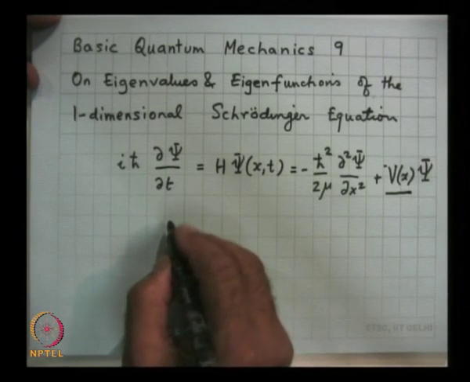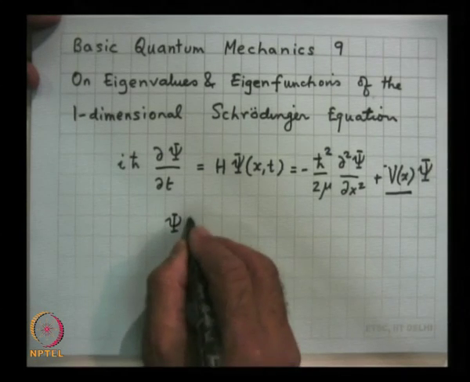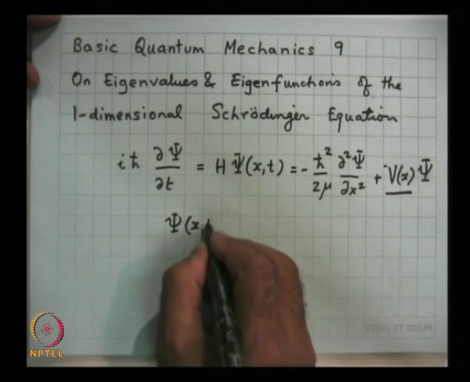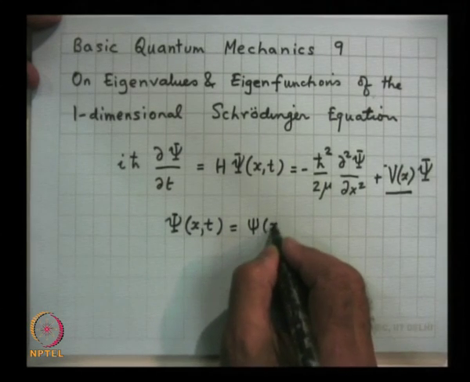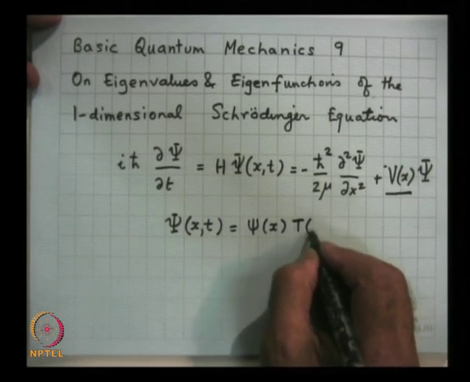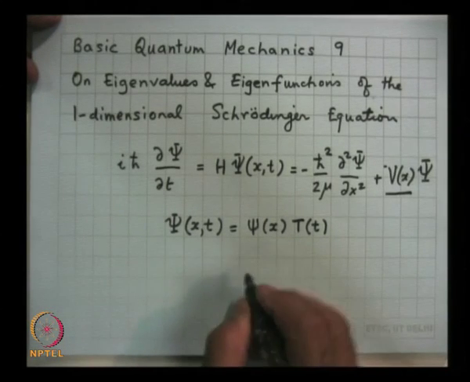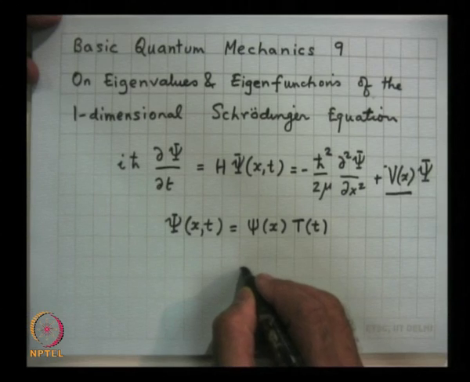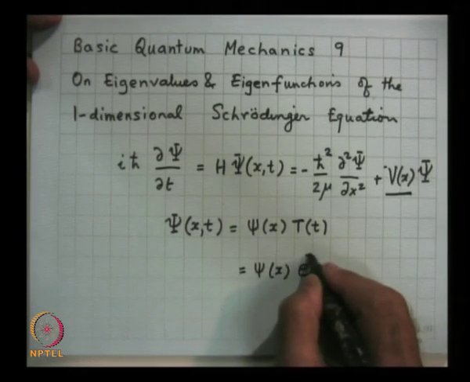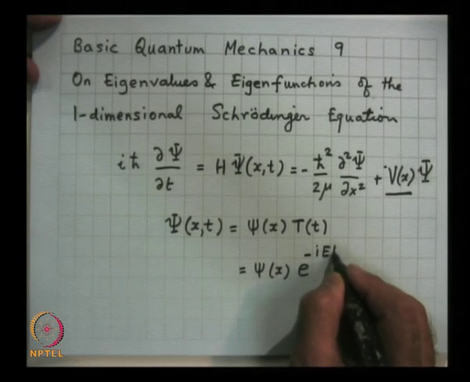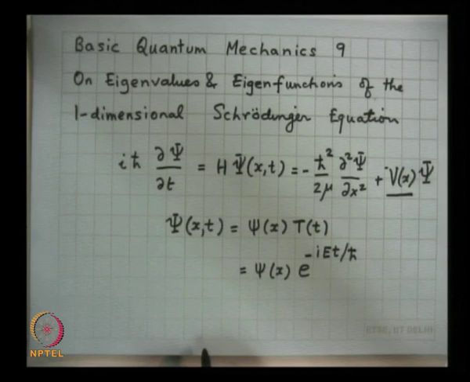Then, as we had discussed earlier, we can write down the solution using the method of separation of variables, which is given by psi of x and t as psi of x times T of t. We had done this before, and we found that the variables indeed separated out, and the time dependent part was given by e to the power of minus i E t by h cross, where E is a constant.